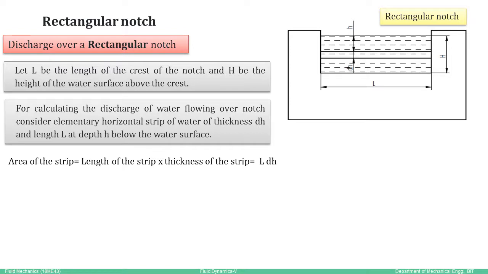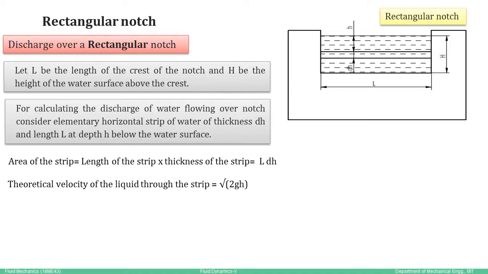Now, the area of the strip is given by the length of the strip multiplied by the thickness of the strip. Length is taken as L, and thickness is taken as dh for the strip. So L dh is the area of the strip. Now, the theoretical velocity of the liquid through the strip is root of 2gh, because it is always the water head above that point that is considered, so that h is small h.